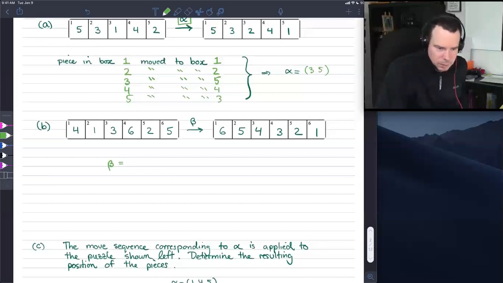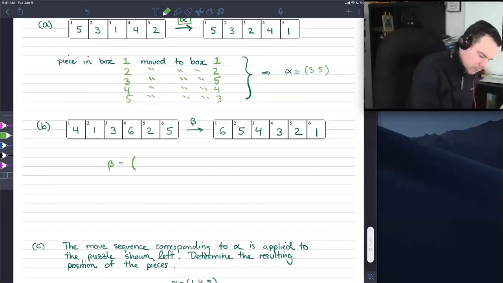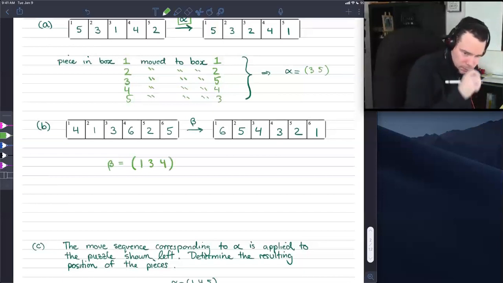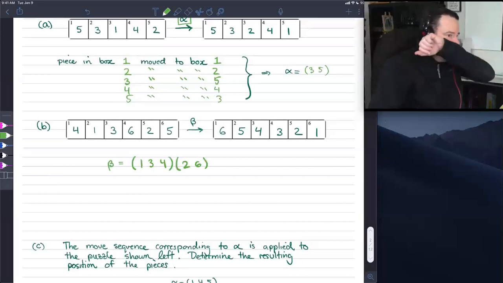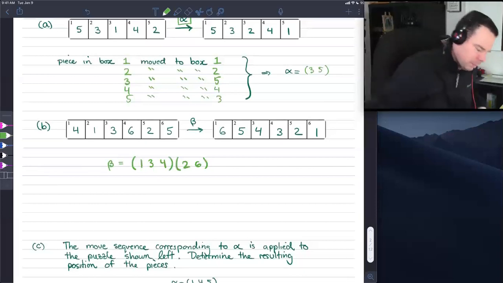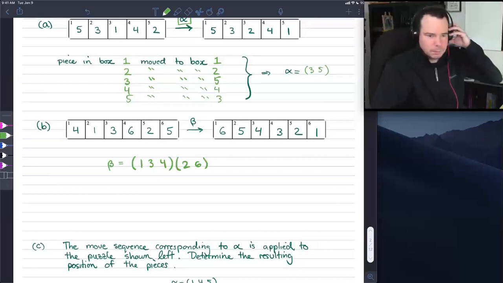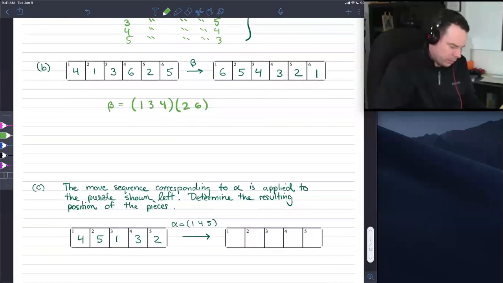And 6 went to 2. Good. So we've got 1 to 3. 3 to 4. Back to 1. And then we have 2 went to 6. Back to itself. Perfect. Try the next one now.